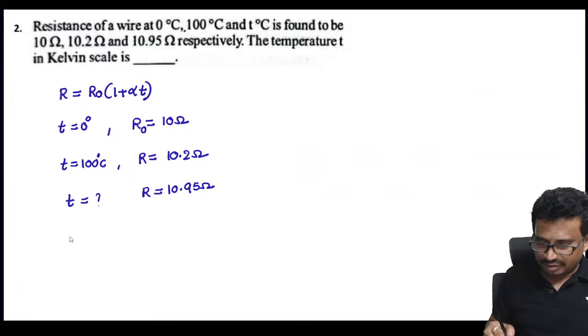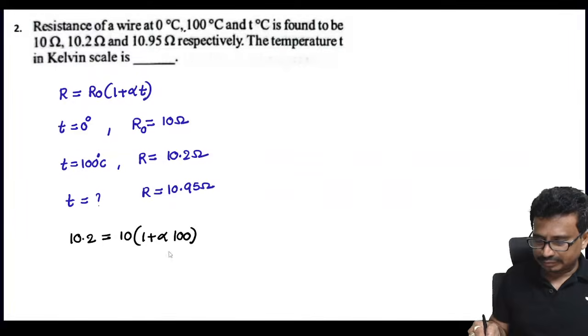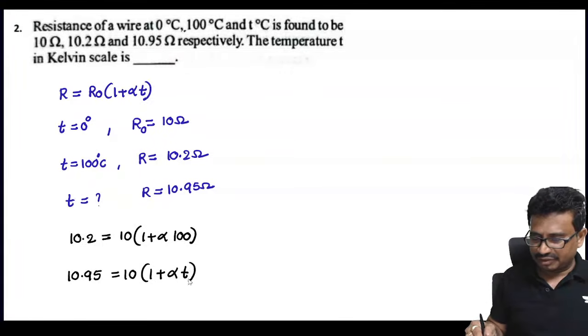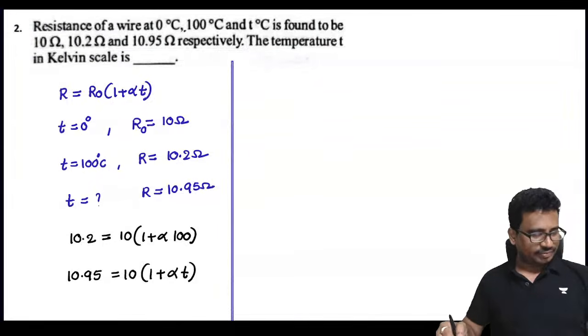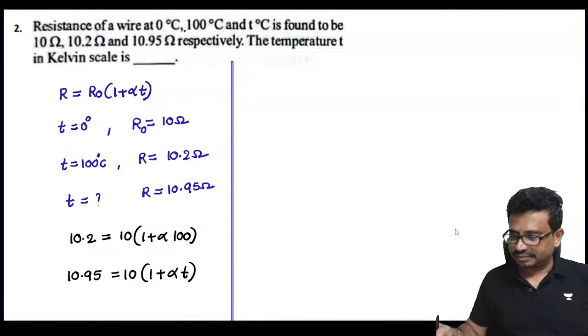So 10.2 equals R naught, which is 10, into 1 plus alpha T, with T value 100. Next, 10.95 equals R naught into 1 plus alpha into T. Here also we should get the T value only, exactly the same as earlier.